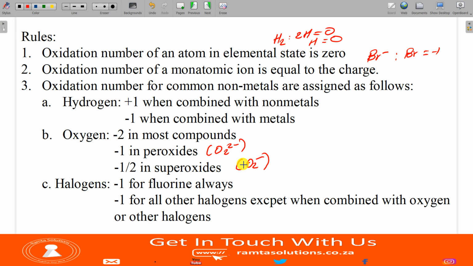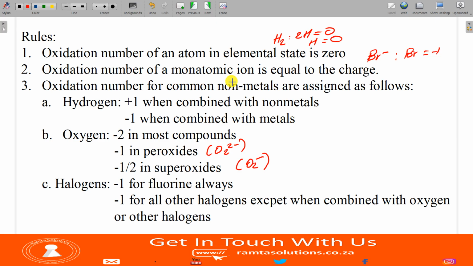For example, fluorine gas, F2, its oxidation number will not be -1, but rather 0, if you get my point. So remember that halogens' oxidation number will be -1 except when combined with oxygen or other halogens.